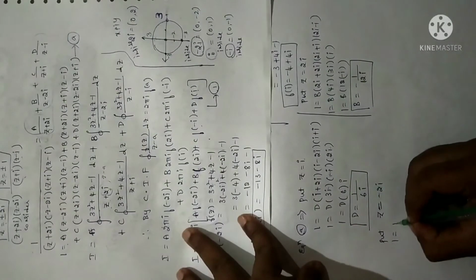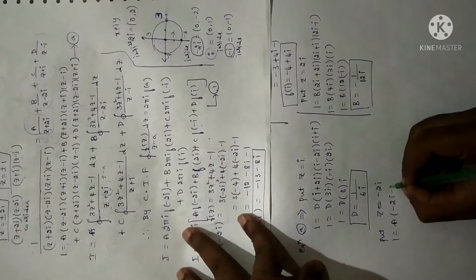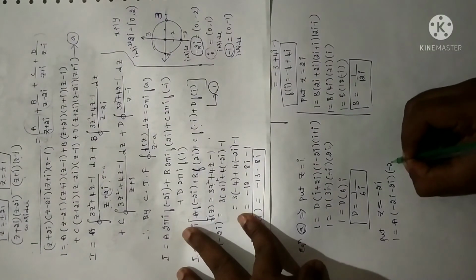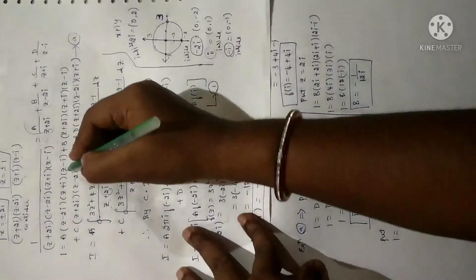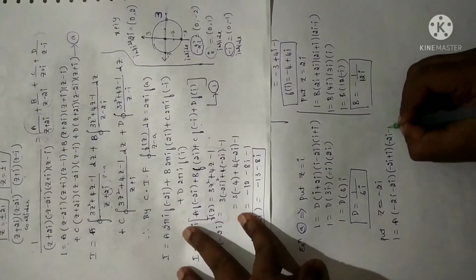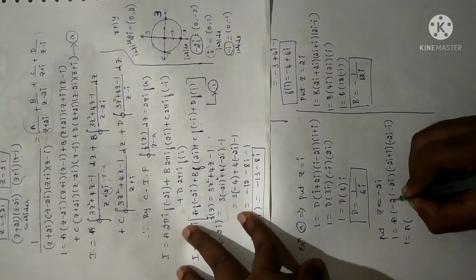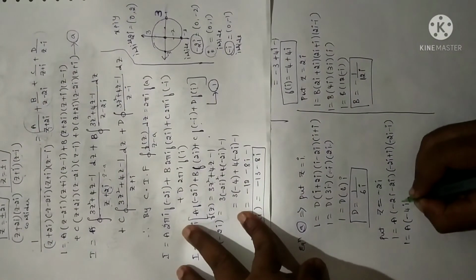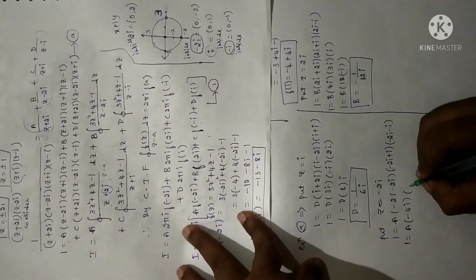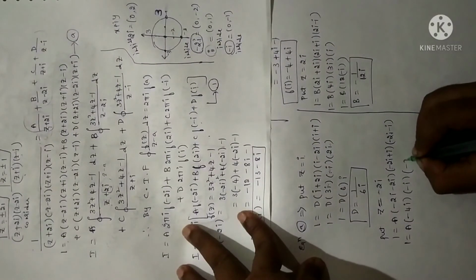So 1 is equal to A into minus 2i into minus 2i plus i into minus 2i minus i. It is just a simple partial fraction. So 1 is equal to A into minus 2i, which is minus 4 into i. Minus 2i plus i is minus i. Minus 2i minus i is minus 3i.